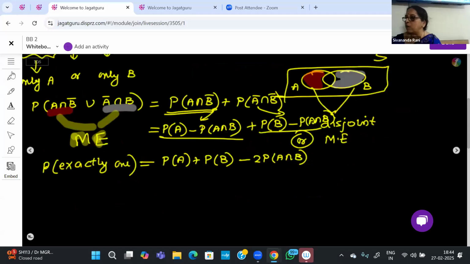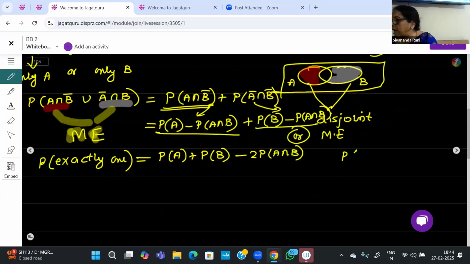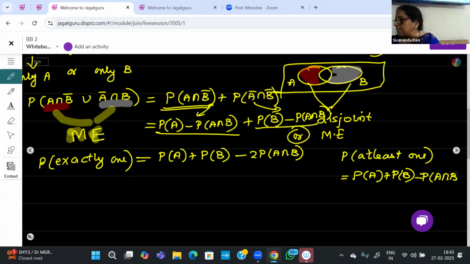Addition theorem talks about probability of at least one, right? Probability of at least one, and it tells you that it is the sum of their probabilities minus the probability of their simultaneous occurrence. So what is the difference between these two? The probability of exactly one has got 2 accompanying P of A intersection B. That's the subtle difference.